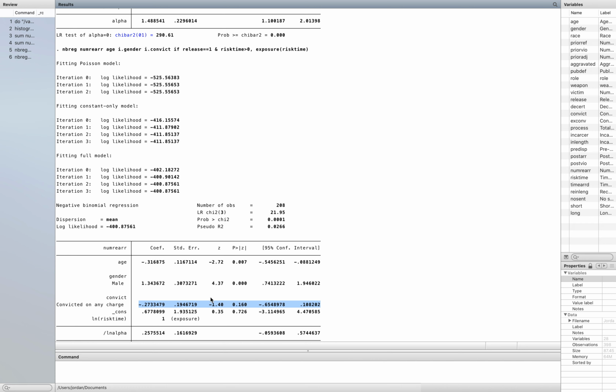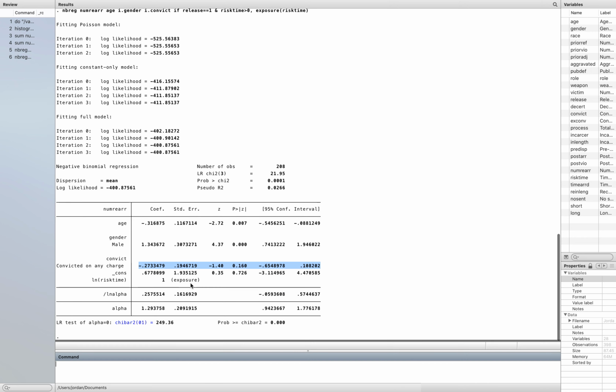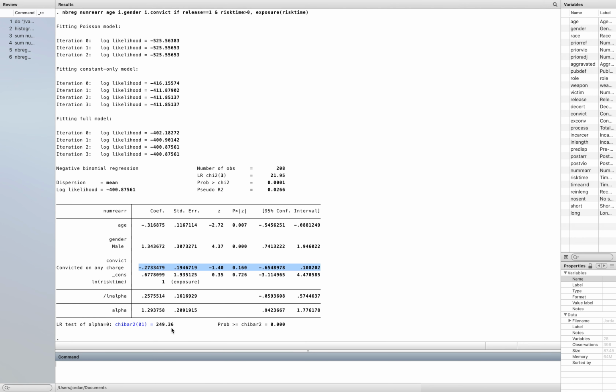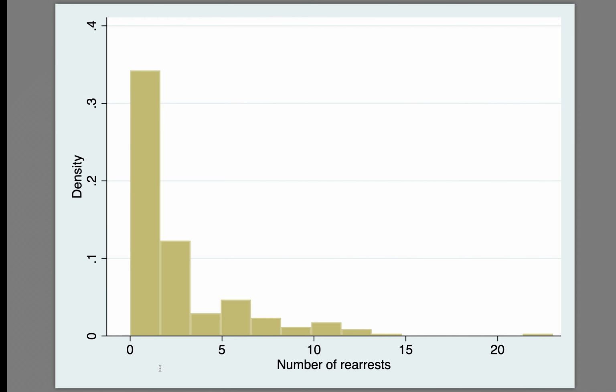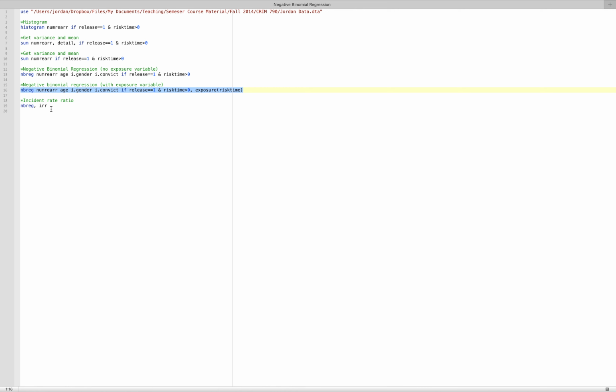And the final thing that I wanted to do for you was to convert these to a more interpretable model. And this is the incident rate ratio.